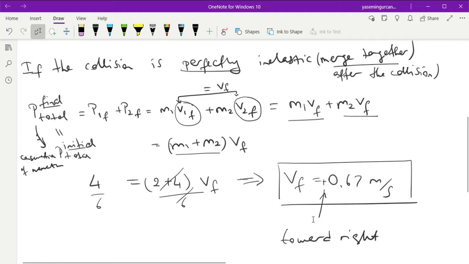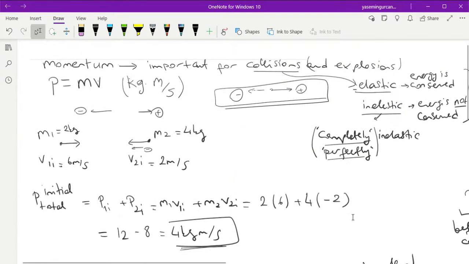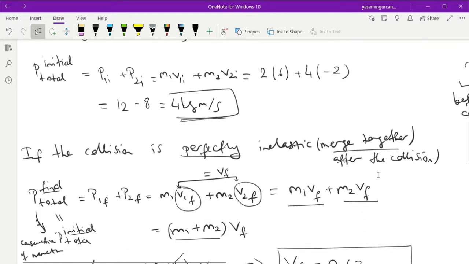I hope this is going to help you for perfectly inelastic collision problems. Once again, perfectly inelastic collision is a special case of inelastic collision where you don't have energy conservation. And when you read the words completely inelastic or perfectly inelastic collision, you basically are told that these two objects are going to merge together after the collision.